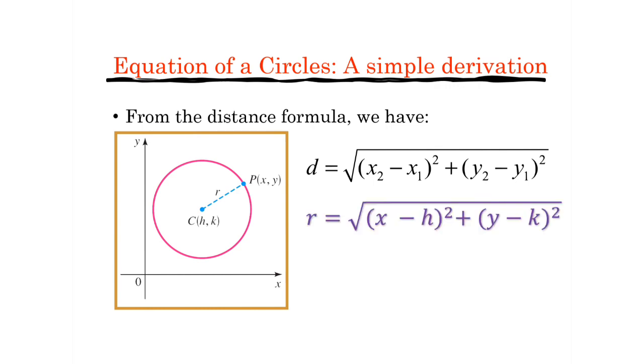And for us to eliminate the squared symbol, all we have to do is to raise the entire equation to 2 or square both sides of the equation for us to cancel it. And it's going to lead us to r squared is equal to the quantity x minus h raised to 2 plus the quantity y minus k raised to 2. And if we fix this thing up or arrange it the way we want it to be the standard, it will look like this.